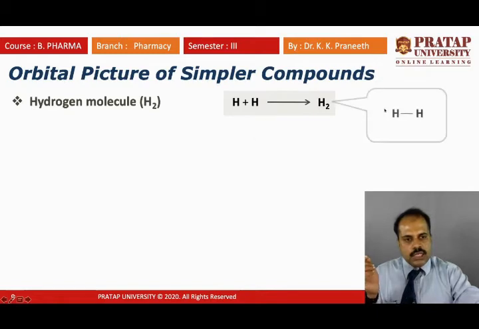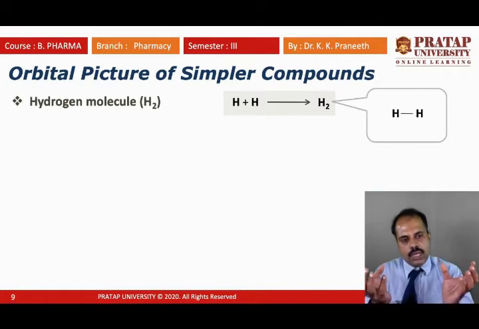So this is one atomic hydrogen, this is the second atomic hydrogen, and they combine to form the molecule, molecular hydrogen. Molecular means more than one atom, so it is called a molecule. This is the structure of the hydrogen molecule, H2. There is a bond between the two hydrogen atoms. What type of bond is this?